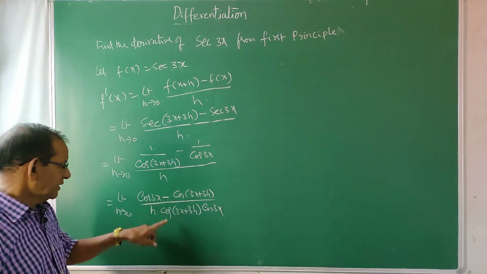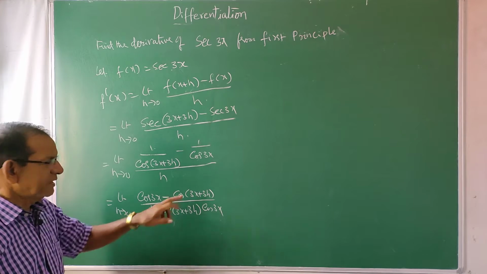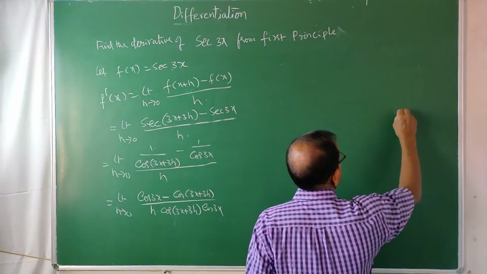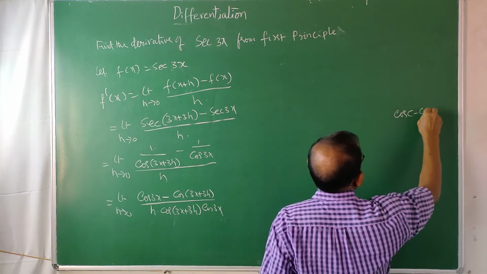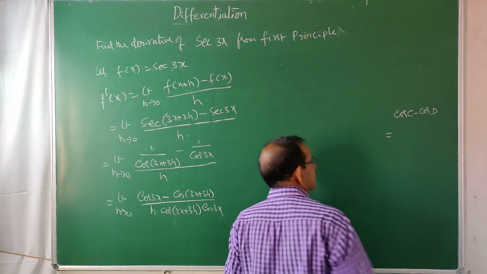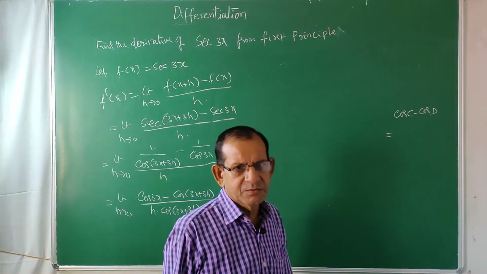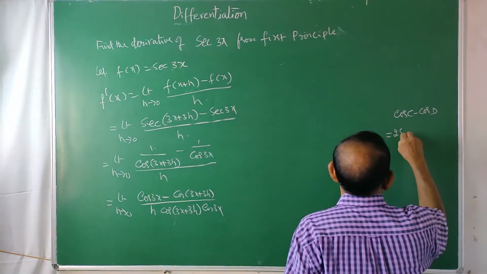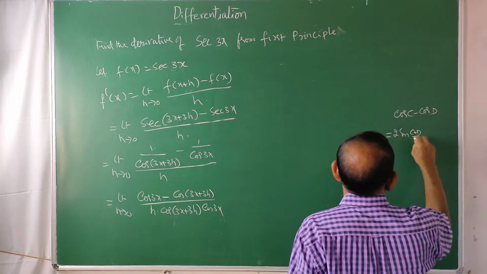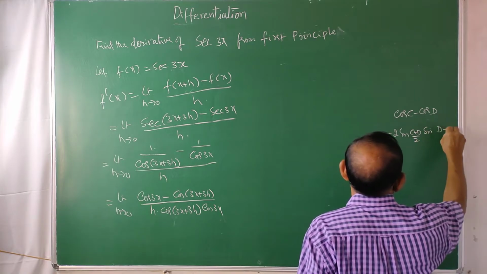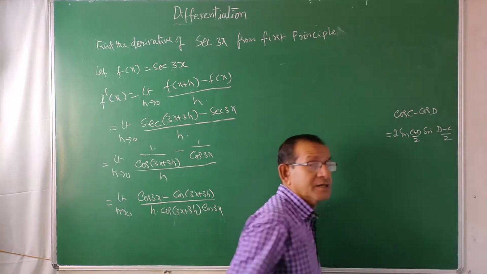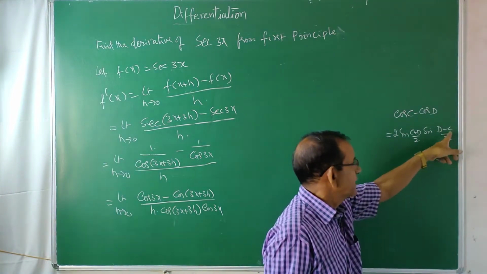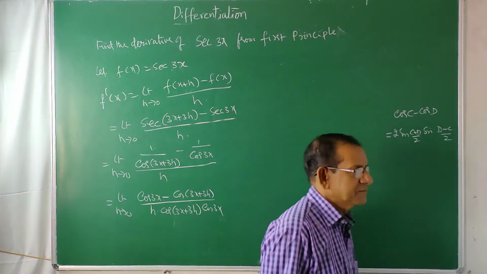Now for numerator you have to apply cos c minus cos d. Cos c minus cos d, you can write as minus 2 sin((c plus d) by 2) into sin((c minus d) by 2), or 2 sin((c plus d) by 2) into sin((d minus c) by 2). Here you need not write. If you write it as (c minus d) by 2, you have to keep minus. If you write (d minus c) by 2, it is plus only.